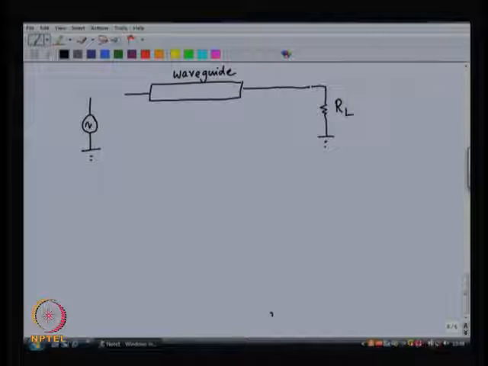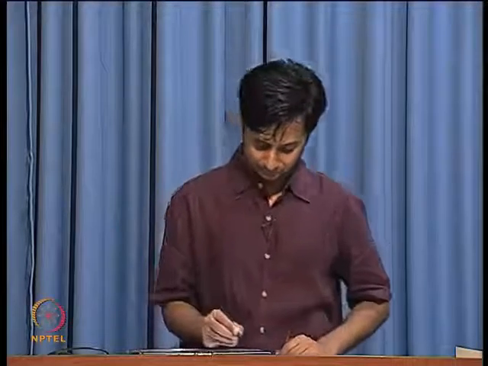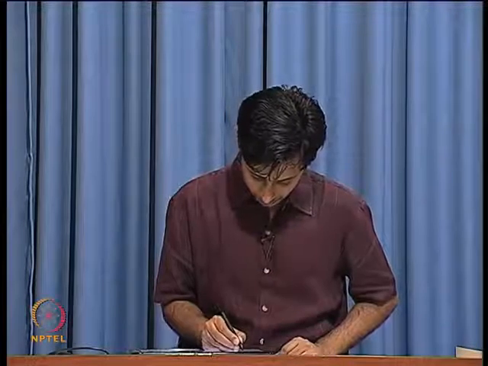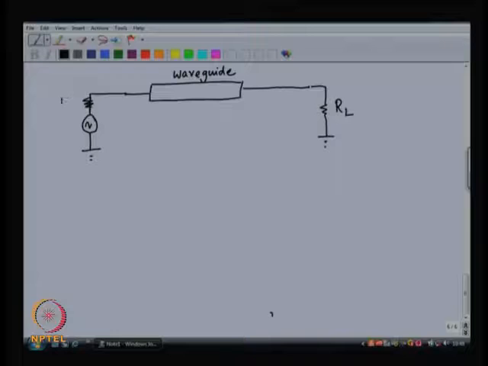Typically you want to transmit as much power as possible, etc., doesn't matter. A voltage source is inseparable from some source resistance. So let us say I have a voltage source Vs. This voltage source is inseparable from its corresponding source impedance, source resistance, that is Rs.